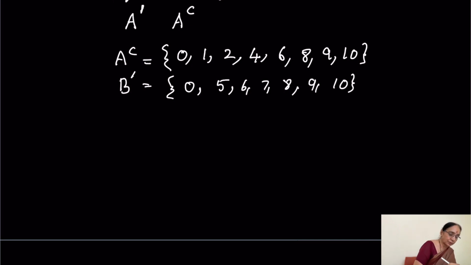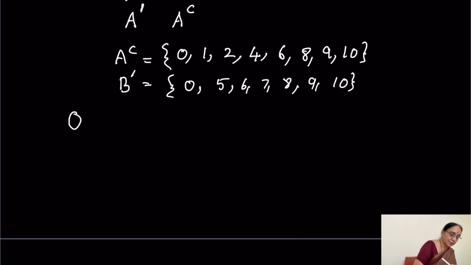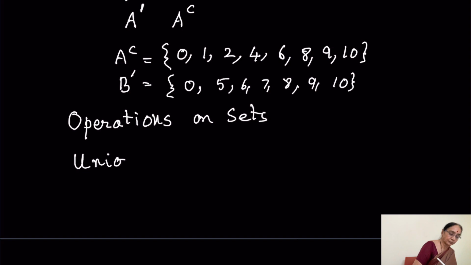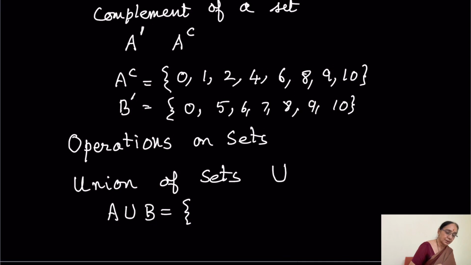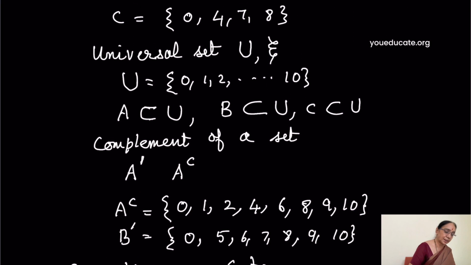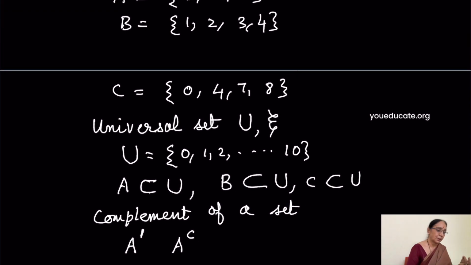Now we are moving on to operations on sets. The first one would be the union of sets, denoted by the letter U. When I say A union B, I have to list all the elements in A and B. Let me see what are all the elements in A and B. We'll go to the same example. 1, 2, 3, 4, and 3, 5, 7.